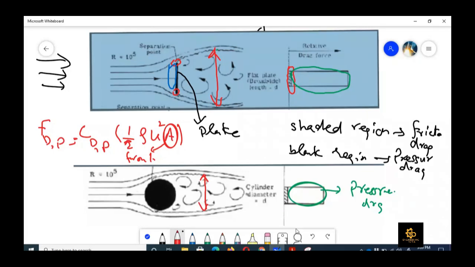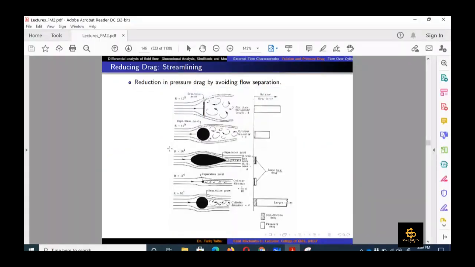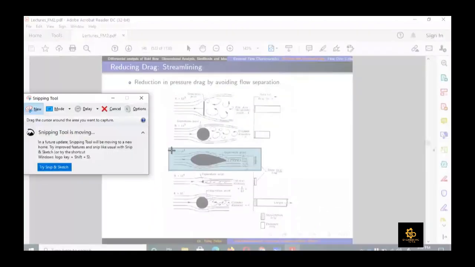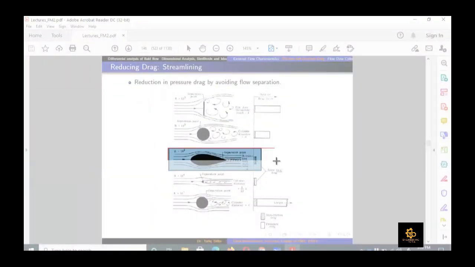Now, if we move on to the next one, we have made it more streamlined, which is kind of an aerofoil shape. Copy it again here. Now I am going to copy two things here.